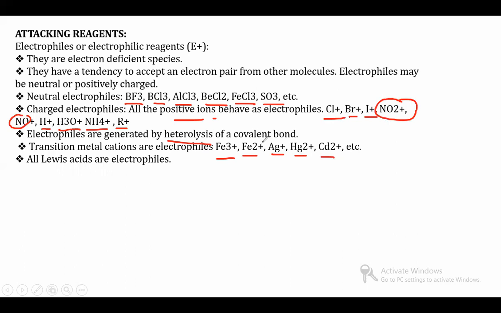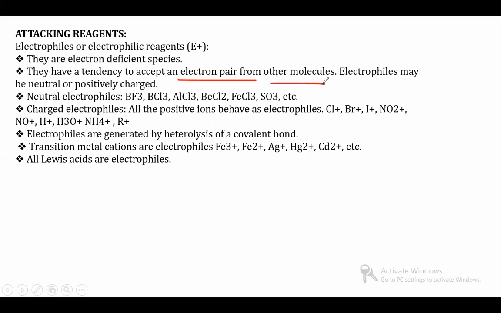So electrophiles are electron deficient. Remember, what are electrophiles? Electrophiles are electron deficient groups, ready to accept an electron pair from another molecule. Examples: BF3, BCl3, NO2 plus, H3O plus, Cl plus, etc. Opposite to this is the nucleophile.